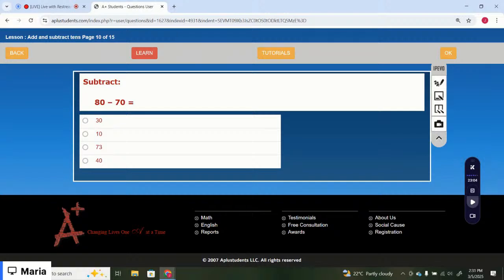Very good. 80 take away 70 is 10. Option number two is the correct option.